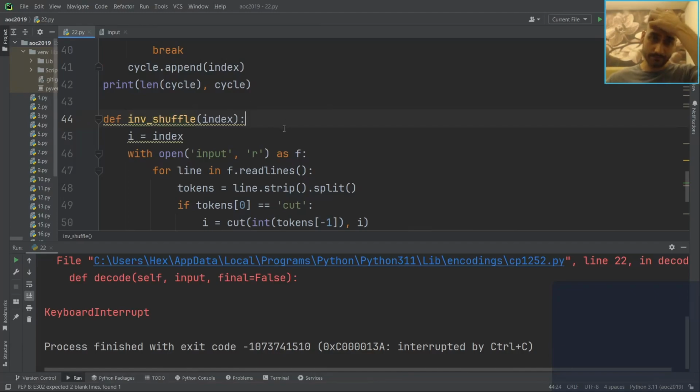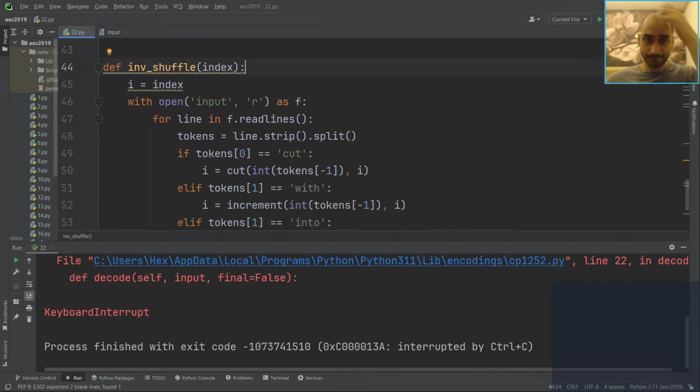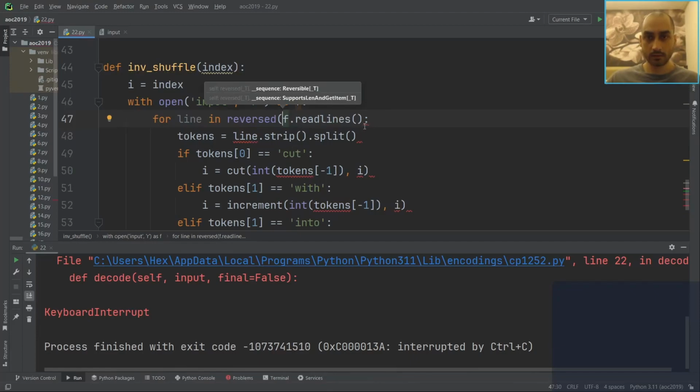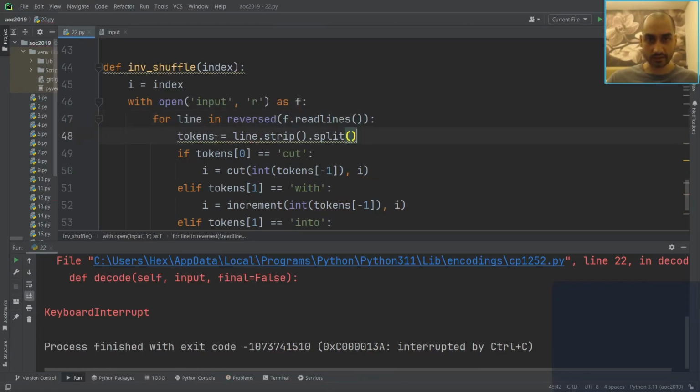Inverted shuffle. So we go backwards. Or we can say, reversed. I have to upgrade lines.